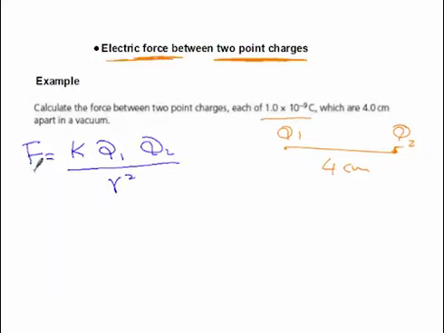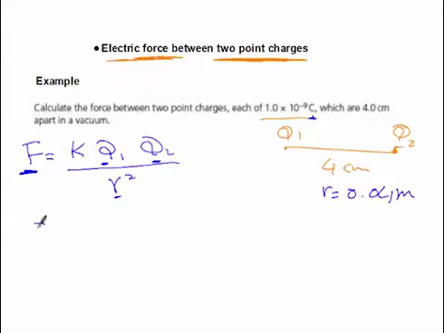Now we are dealing with Newton, so the charges should be in Coulomb, and R should be in meters. So R equals 4 centimeters, divided by 100, is 0.04 meters. It's very important to make sure that you have the appropriate units.